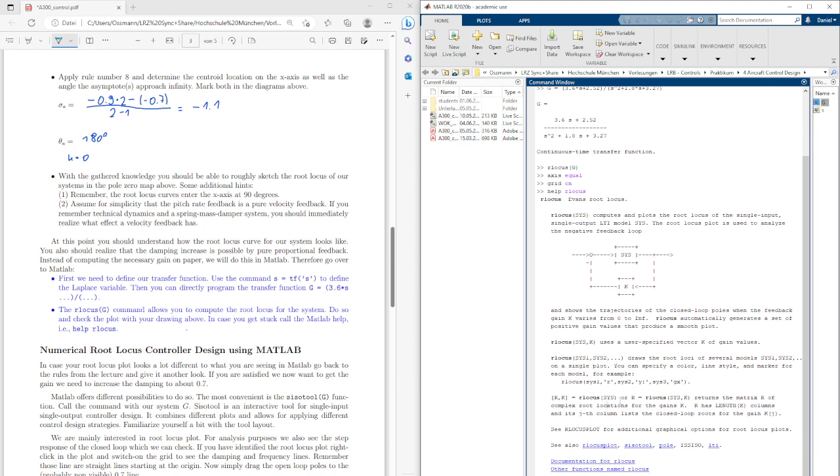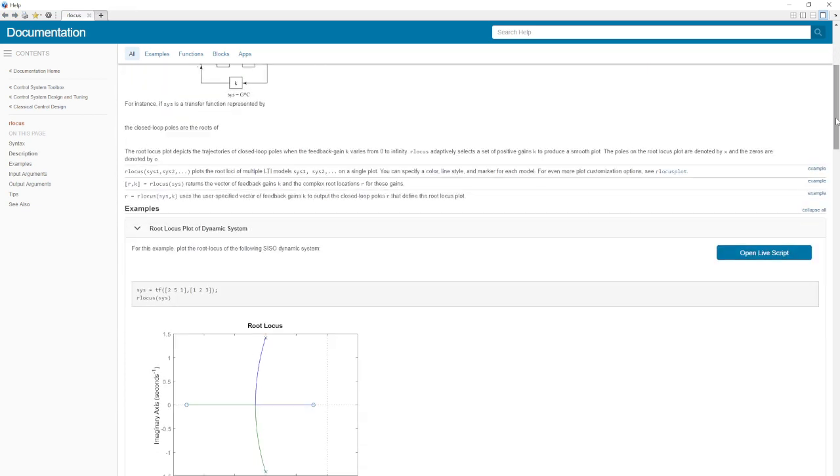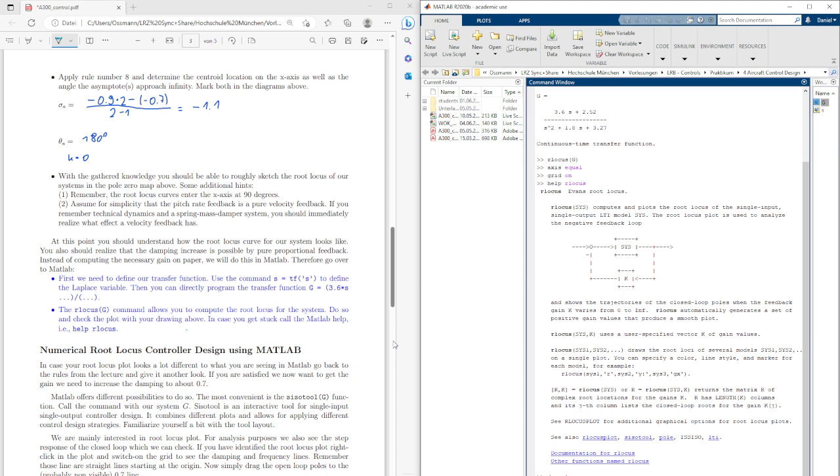If you're not satisfied with that, you can call doc rlocus, and the whole Matlab documentation opens, with links to others. That's quite a lot of stuff that can help you. And to be fair, I use the Matlab documentation pretty often because I also don't know everything by heart.